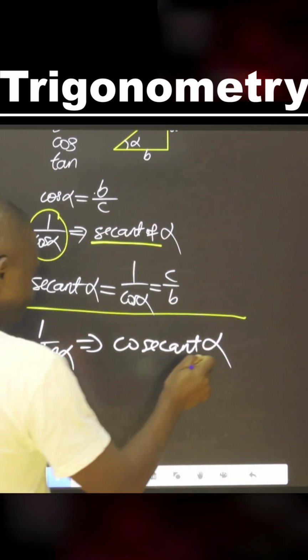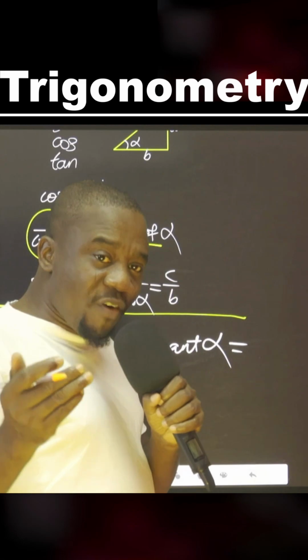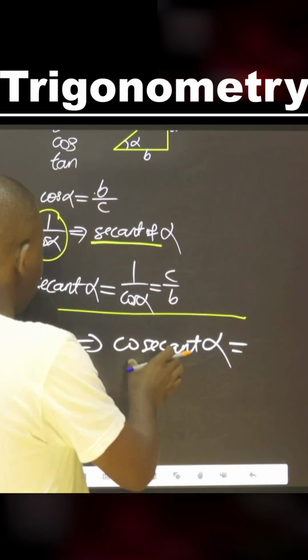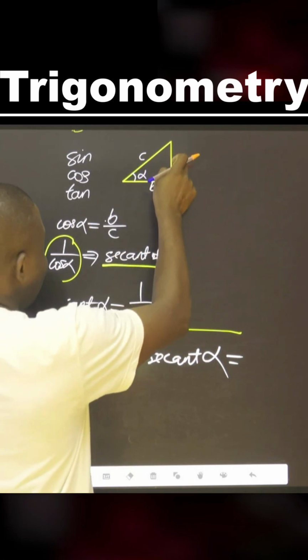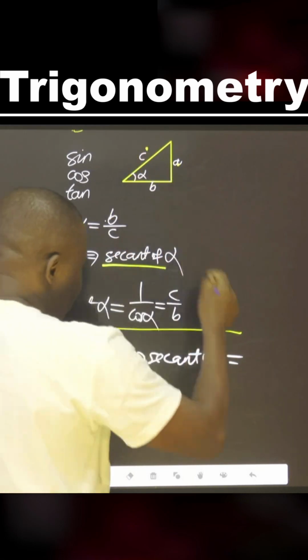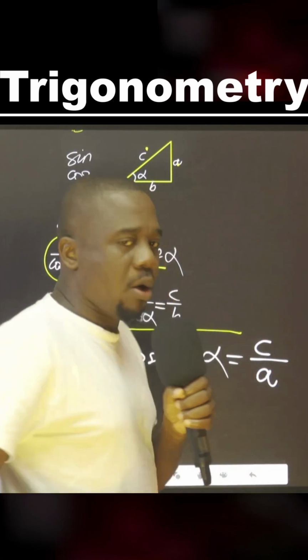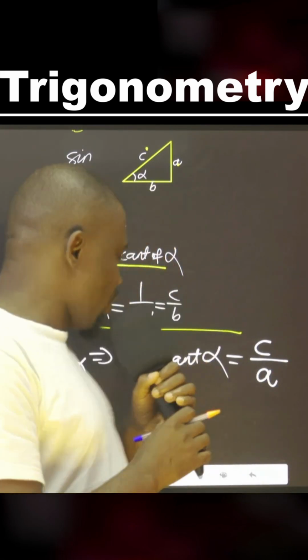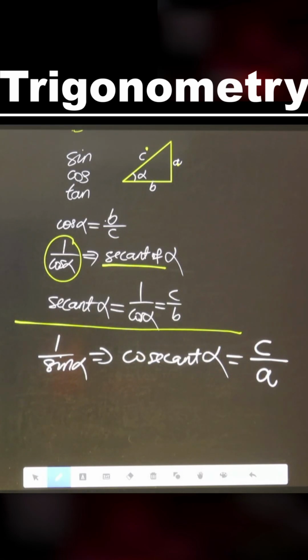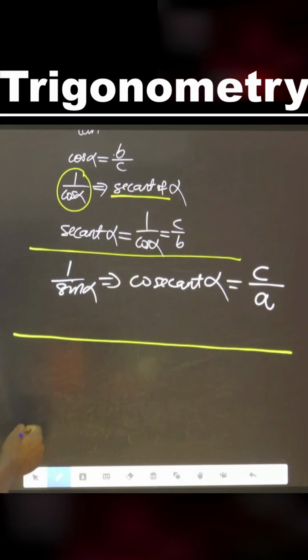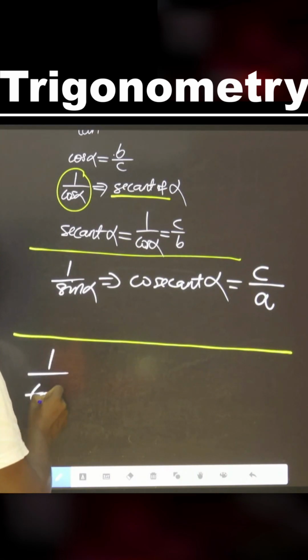It also means instead of opposite over hypotenuse, it is hypotenuse over opposite. And if you look at this place, this is the opposite, this is the hypotenuse. It's hypotenuse over the opposite. That is cosecant.